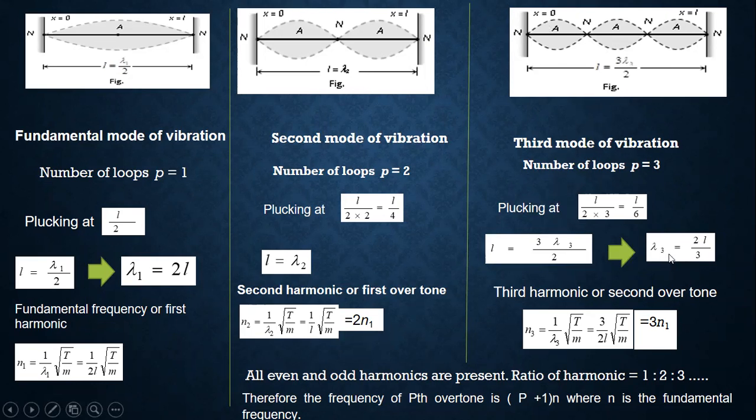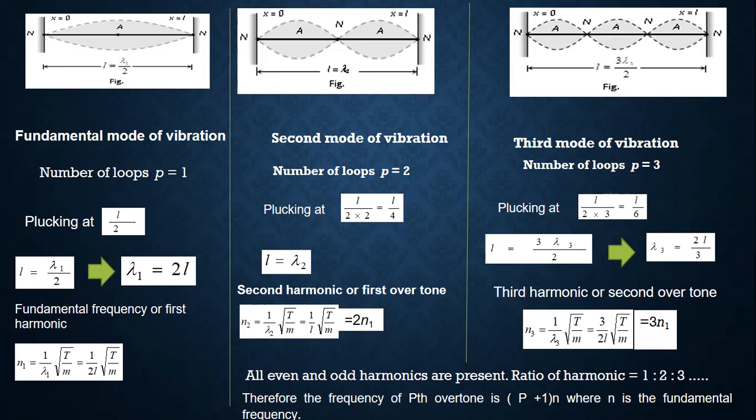Now we can write λ3 = 2L/3. Then for the third harmonic, the frequency of this mode of vibration is n3 = v/λ3. We substitute v = √(T/m) and λ3 = 2L/3. Then we get n3 = 3n1. So it is called the third harmonic, or the second overtone, since it comes after the first overtone.